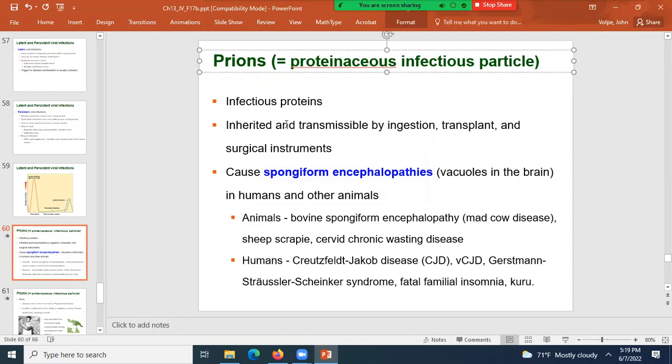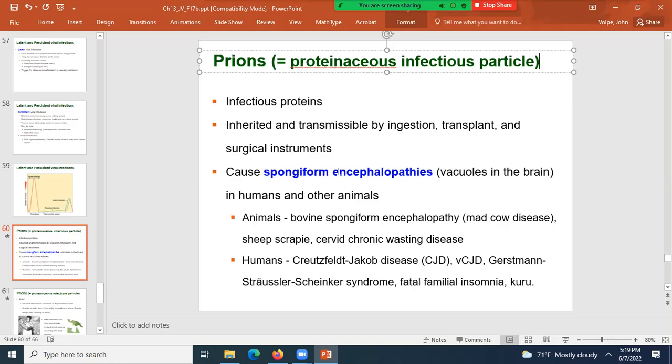They are transmissible by ingestion, by transplant, like if somebody has a prion disease and they take the organs from the donor and put them into a recipient, the recipient can come down with the prion disease, and they can be transmitted by surgical instruments or a needle.